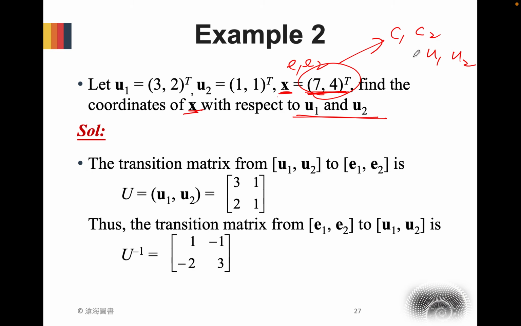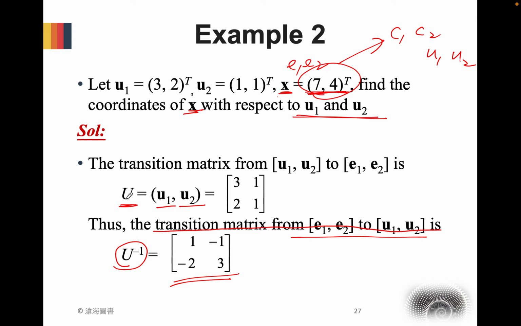So how can we do that? We just form the transition matrix U equal to [U1 U2], so that it is [3 1; 2 1], right? And because we want the transition matrix from E1, E2 to U1, U2, which is actually U inverse, we just find the inverse of the matrix U, and we can calculate it like this, right?